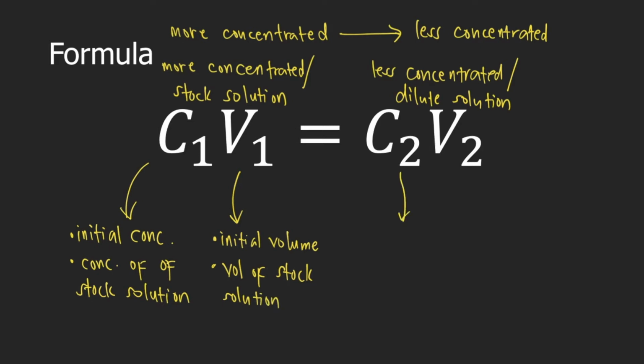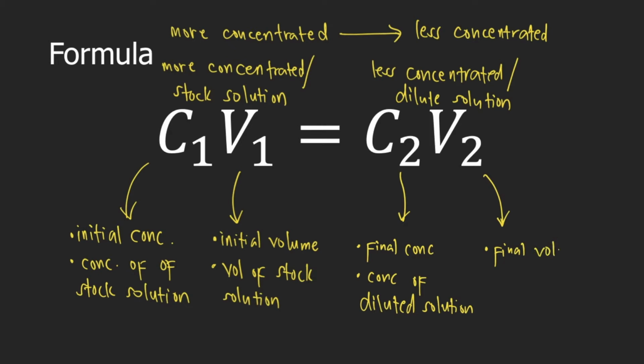C2 is the final concentration, or the concentration of diluted solution. And lastly, V2, this is your final volume, or the volume of diluted solution. So C1V1 equal to C2V2.